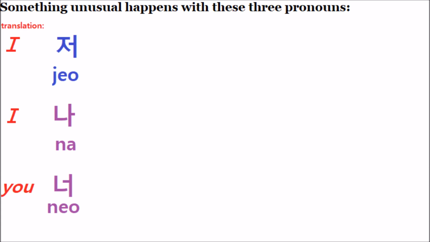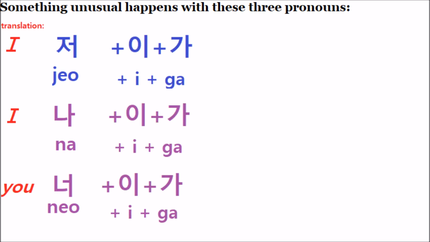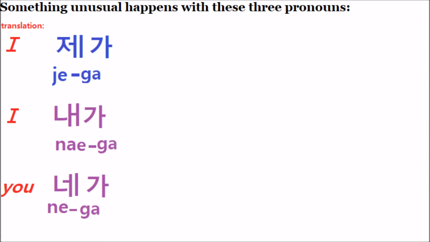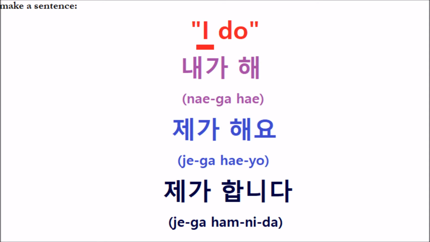And something funny happens with these three pronouns when you want to use the ga/e subject marker. First, you add the e and then the ga. And the e combines with the vowel at the end of the pronoun to make a new sound. So to say "I do" in Korean, you say 내가 해, 제가 해요, 제가 합니다.